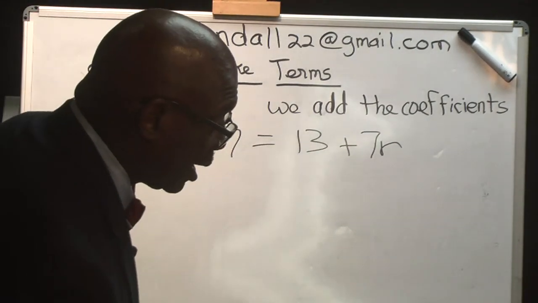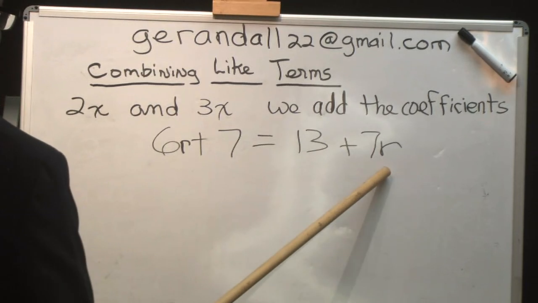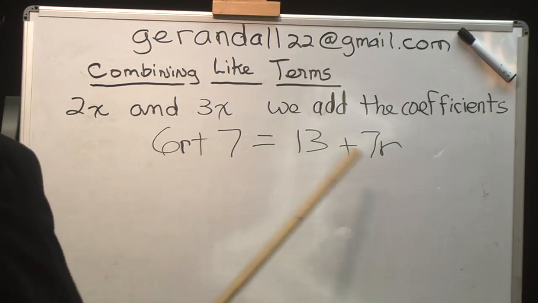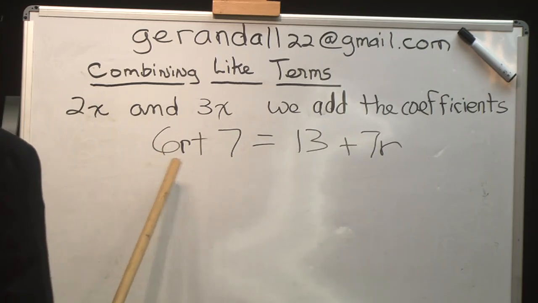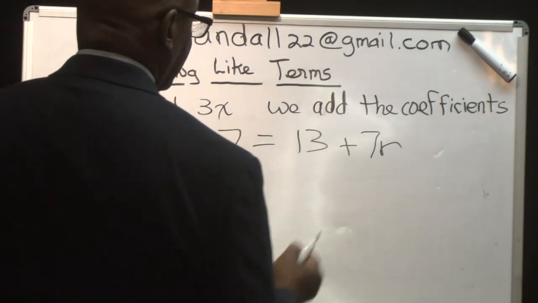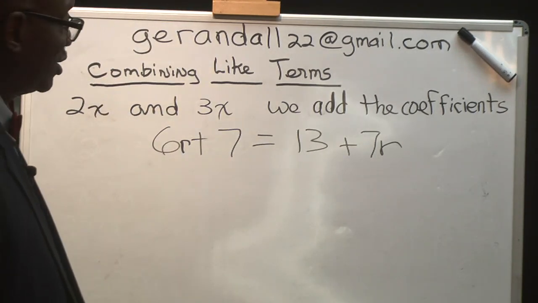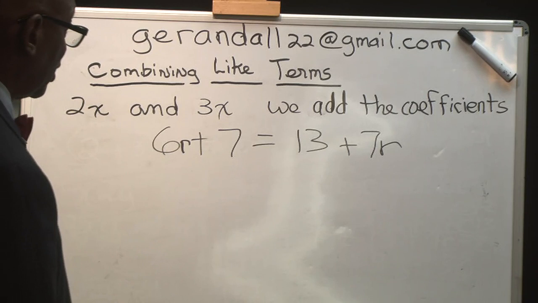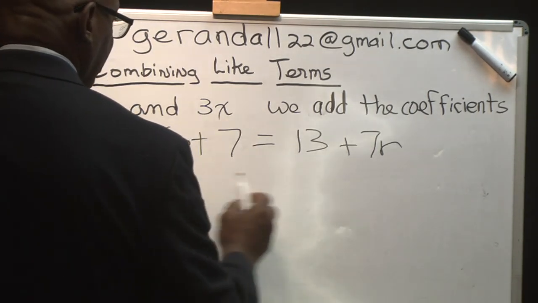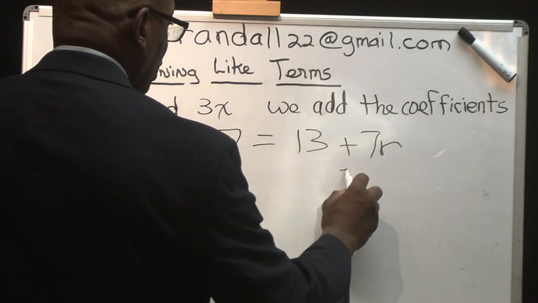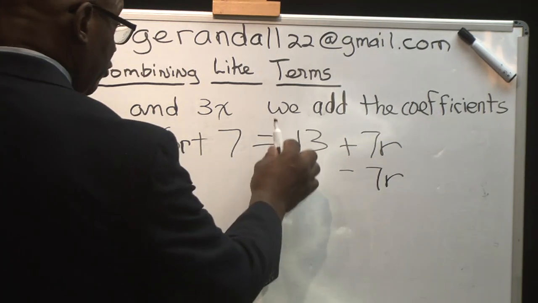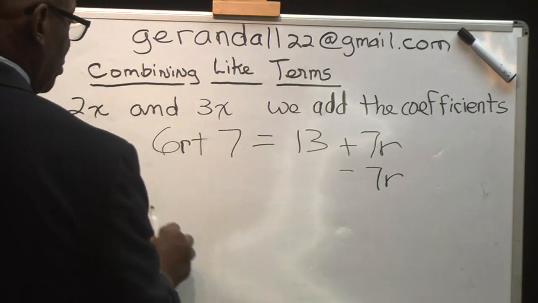And we have to combine like terms. We have a plus 7r over here and a plus 6r over here. Now, what we have to do, and I keep telling you about how subtraction and addition are cousins, we've got to get that 7r over here. And we undo addition by subtraction. Whatever we do to one side of the equal sign, we must do to the other.